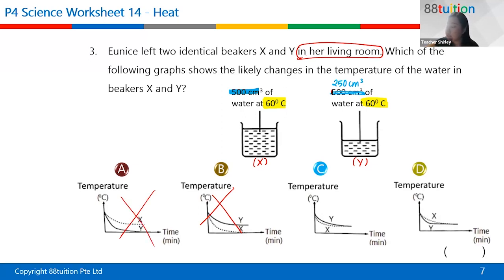It has to be either C or D. Like I said, X will take a longer time to reach room temperature because it has more heat energy. So the one that takes longer time is X, right? It only reaches room temperature here. But for Y, it reaches room temperature here. So the answer is D.